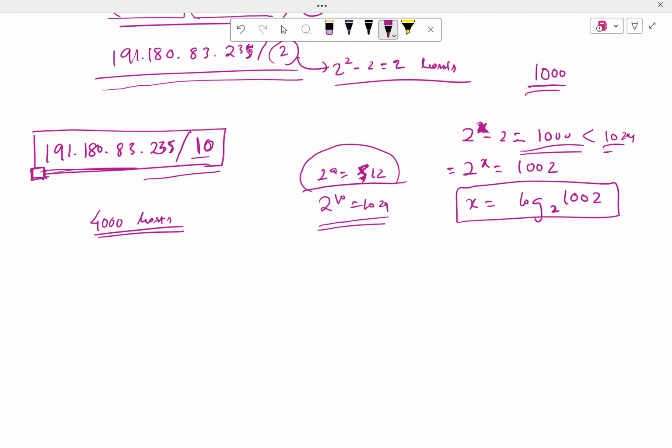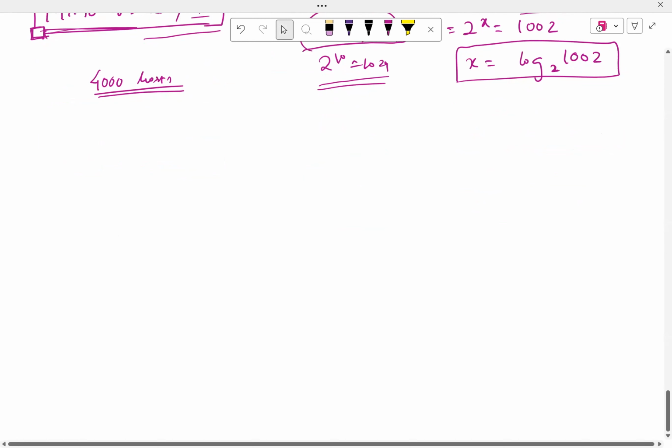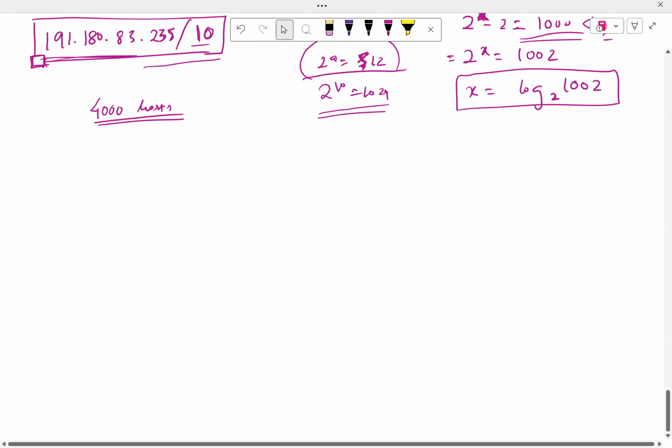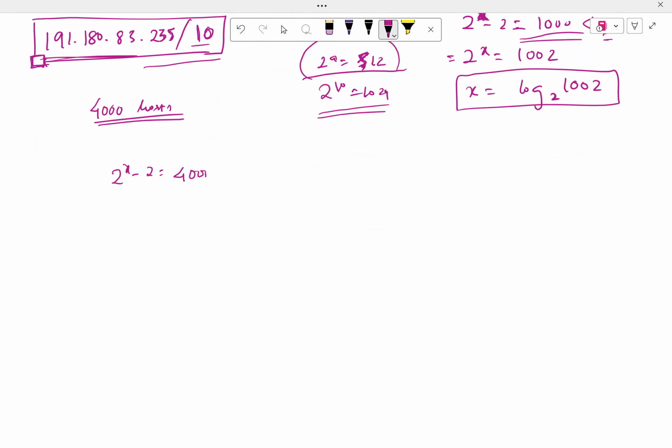When you're accommodating 4,000 hosts, you start with this equation: 2 to the power x minus 2 equals 4,000, so 2 to the power x equals 4,002. That implies x is nearly equal to 12, I guess, because 2 to the power 12 is 4,096.